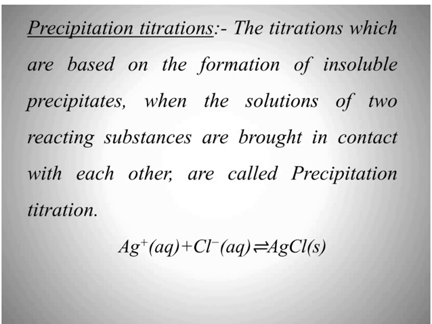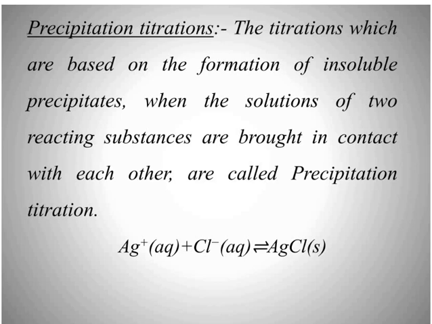Now, precipitation titration. This is also very important. The titrations which are based on the formation of insoluble precipitates when the solutions of two reacting substances are brought in contact with each other. This is a very important sentence to understand this topic.